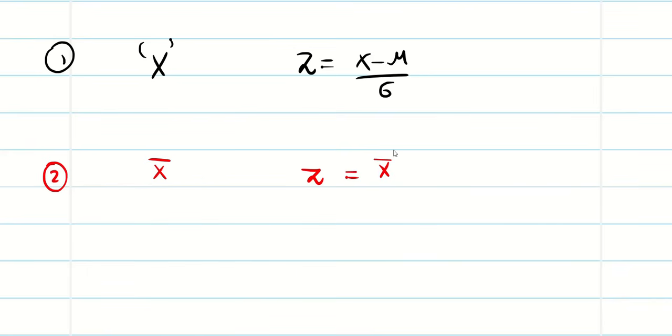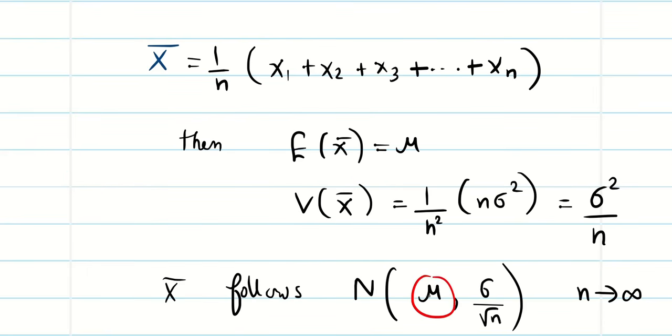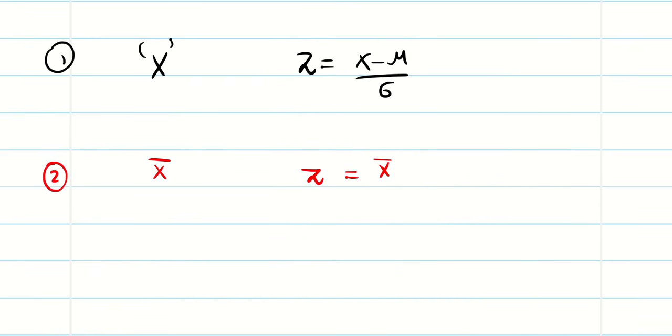Whenever there is x bar, my mean is mu, my standard deviation is sigma by root n. So z is x bar minus mu divided by sigma by root n. Hope now you got how the formula comes.